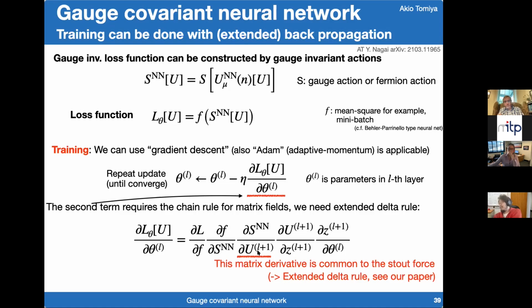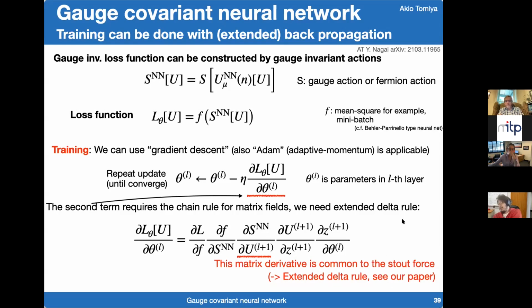Only this part is non-trivial compared to other fields. But we know this one. This matrix derivative is common to the stout force. So we know this, and this is easy to calculate and trivial. Then we can calculate this block, then we can calculate this derivative, and then we can execute gradient descent or Adam or whatever. And we call this the extended delta rule.